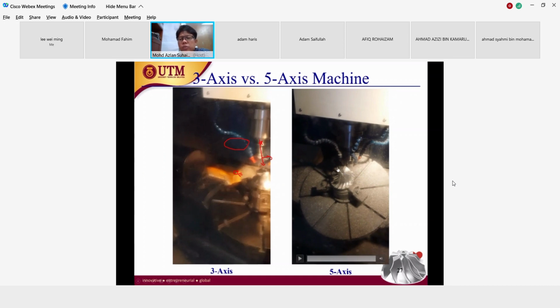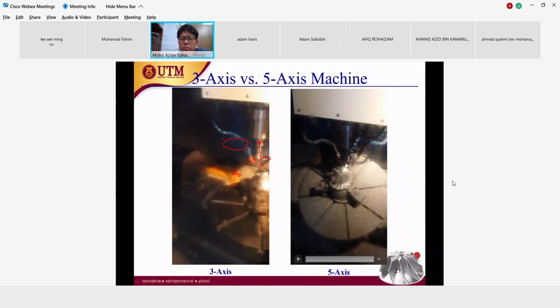You cannot do it manually because it is difficult, since all 5 axes move simultaneously, together. Imagine if you do it manually, an accident may happen and it may collide with the machine.